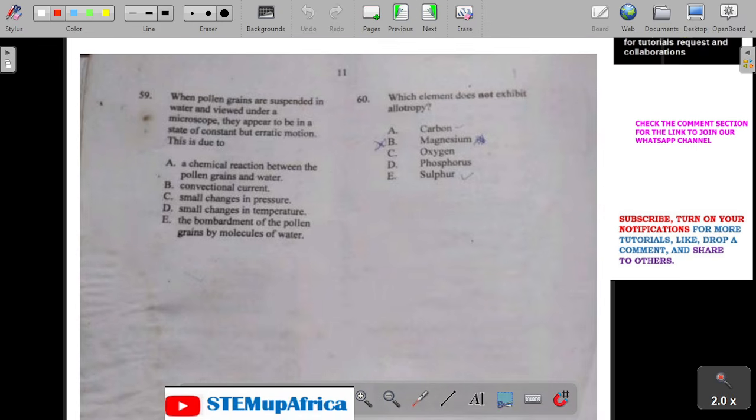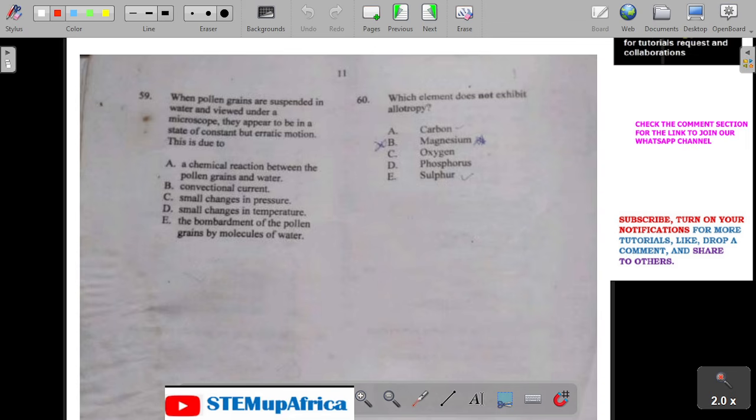Let's look at 59 and 60. So 59 says, when pollen grains are suspended in water and viewed under a microscope, they appear to be in a state of constant but erratic motion.